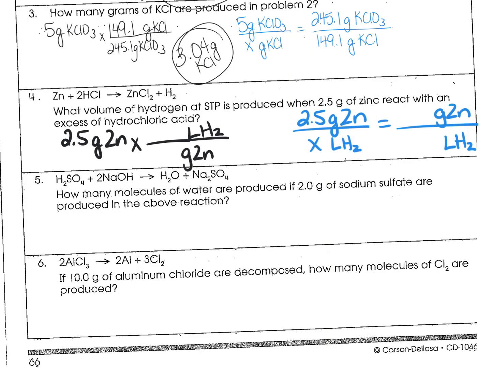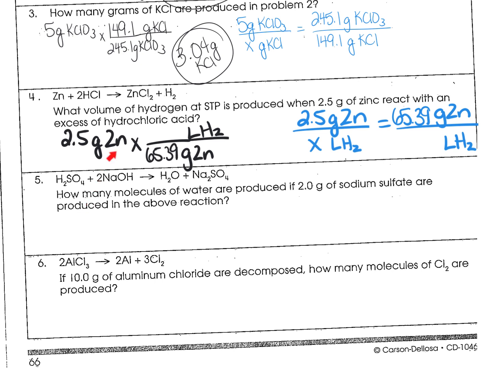All right, so the next problem, I'm given 2.5 grams of zinc. I need to find out how many grams of zinc the balanced equation says. I see no coefficient in front of it, so that's going to be 1 mole of zinc. So all I need to do is look on the periodic table, find the molar mass of zinc, 65.39, and that's going to be my grams of zinc, because again, the balanced equation says just 1 mole. 1 mole weighs 65.39.